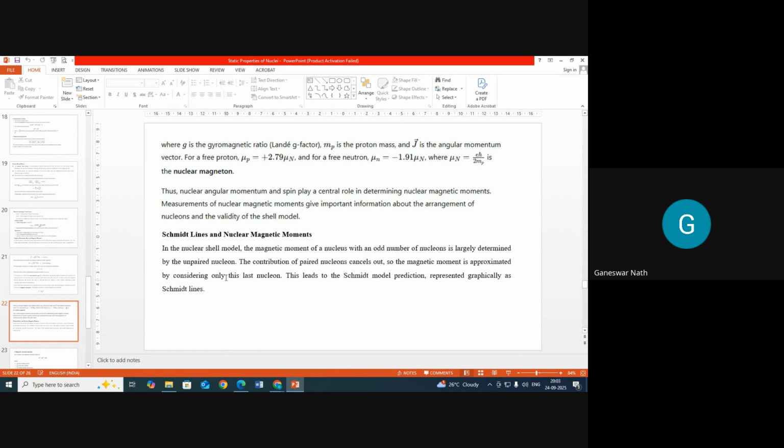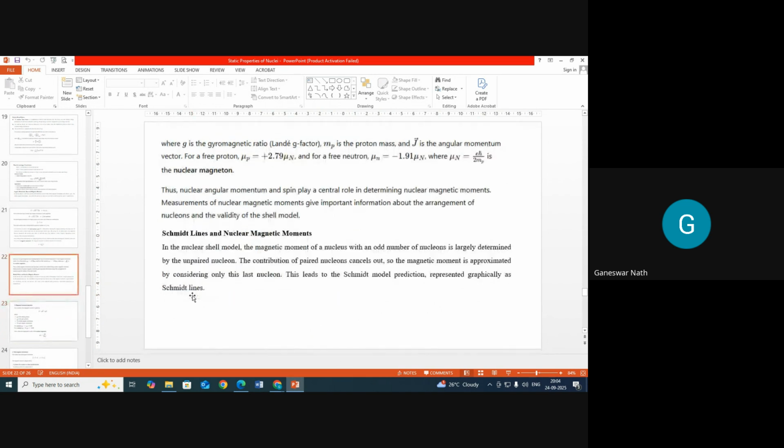In the nuclear shell model, the magnetic moment of a nucleus with an odd number of nucleons is largely determined by the unpaired nucleon. The contribution of the paired nucleons cancels out, so the magnetic moment is approximated by considering only the last nucleon. This leads to the Schmidt model prediction, represented graphically as the Schmidt lines.